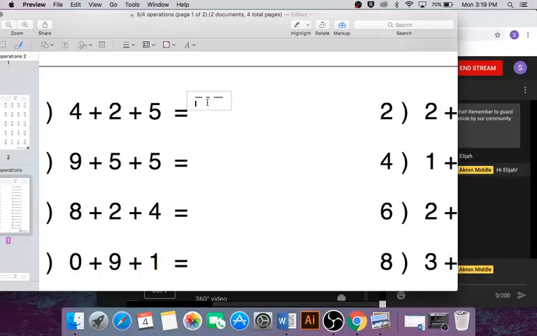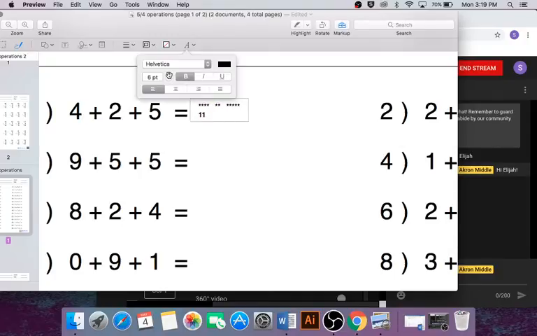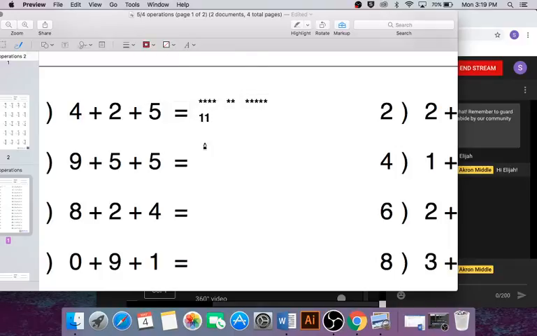And then we start with 6, and we add 5 more. So when we start with 6 and we count up 5 more, we end up with 11. So our answer is 11.